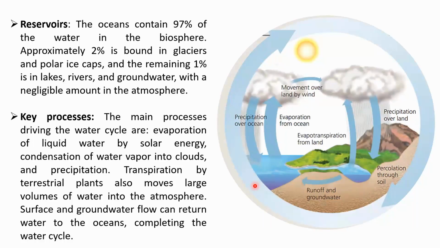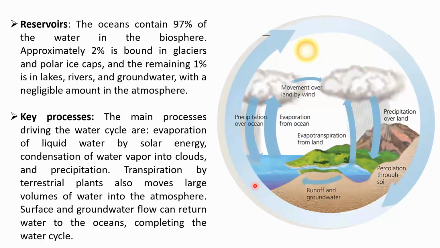The water cycle is very basic and easy to understand. Three processes mainly happen: evaporation, condensation, and precipitation. Evaporation happens from the water bodies, and the water vapor condenses into clouds.